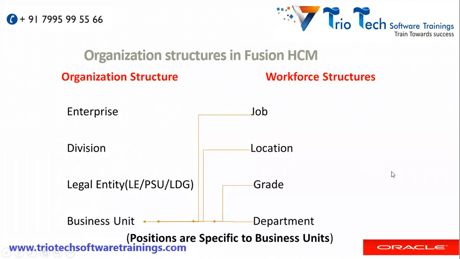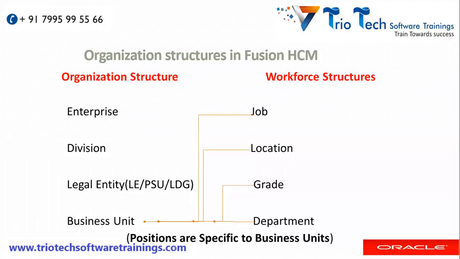Let's suppose I am going to implement this application for Reliance Industries. So enterprise is nothing but the ultimate holding company, the mother company of the client, right? Under Reliance we know there are several companies, like Reliance Jio is one company, Reliance Retail is one company, and then Reliance Automotives is one private limited company.